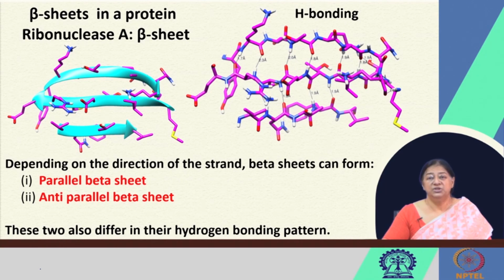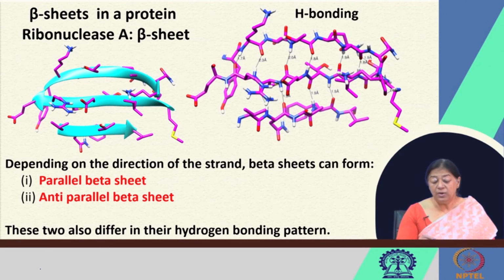the polypeptide chain. While in the formation of the alpha helix, we realize that we have to have a continuous chain, in the beta sheet case, the strands can come from different parts of the protein and they may not be continuous in nature, in the sense that we could have even a helix between the strands of a beta sheet.